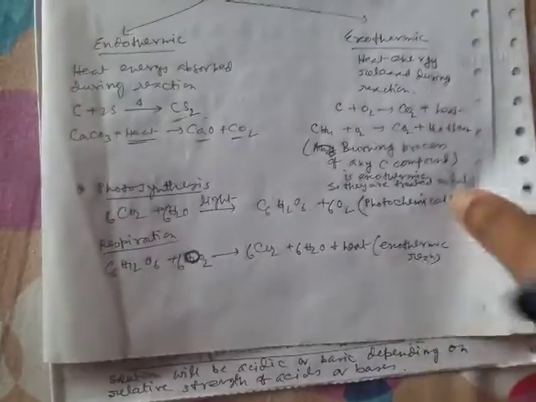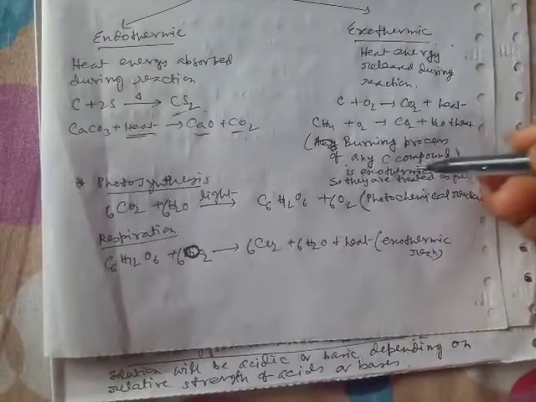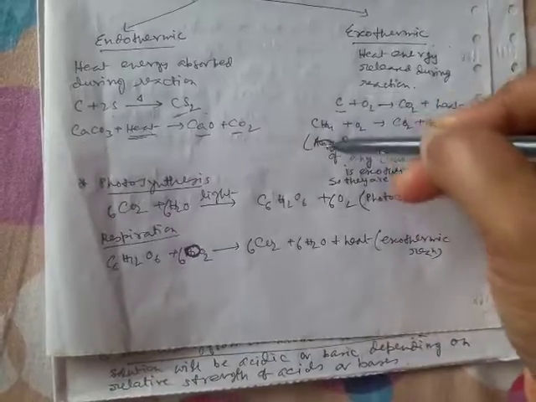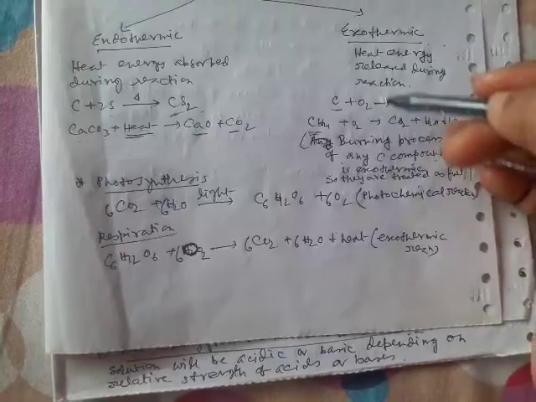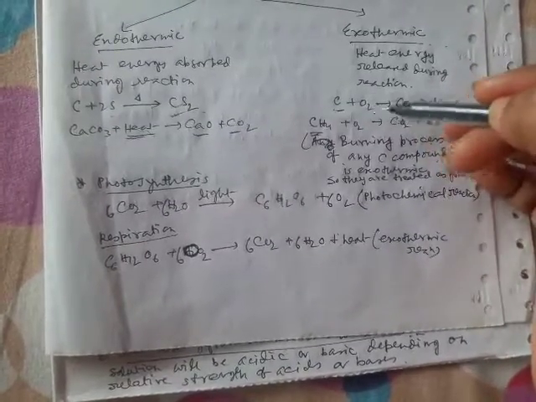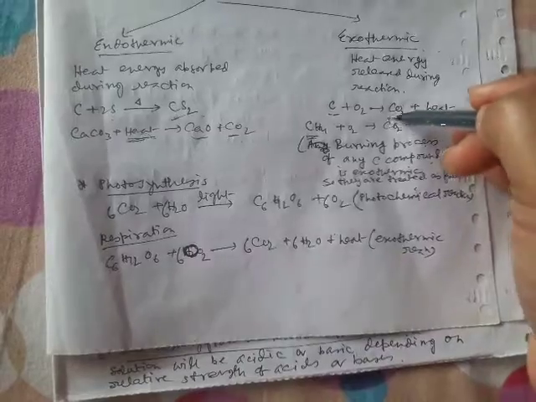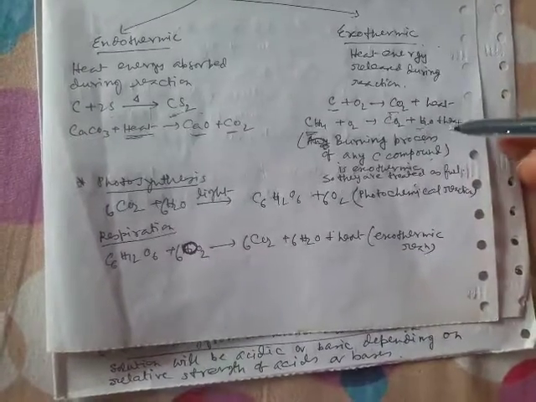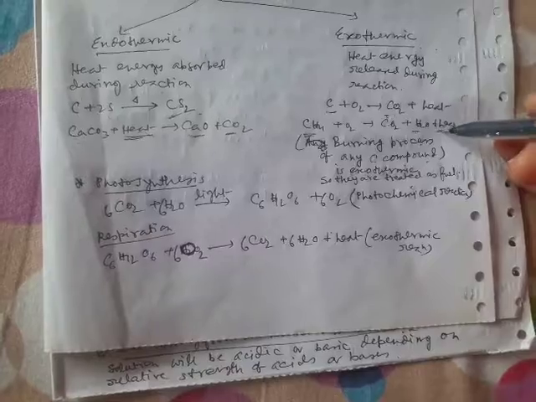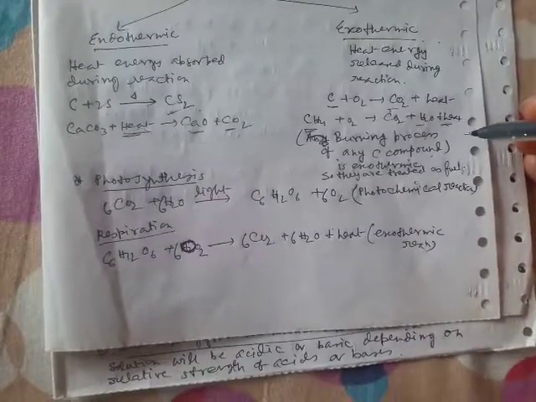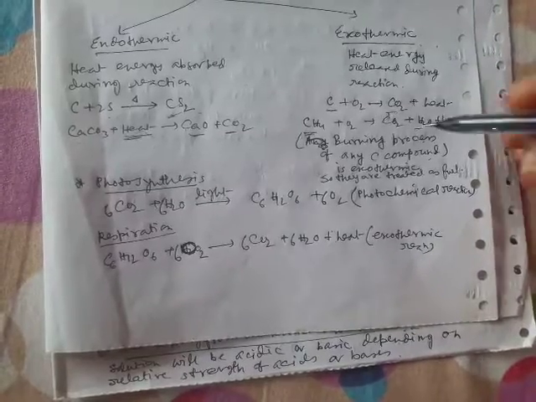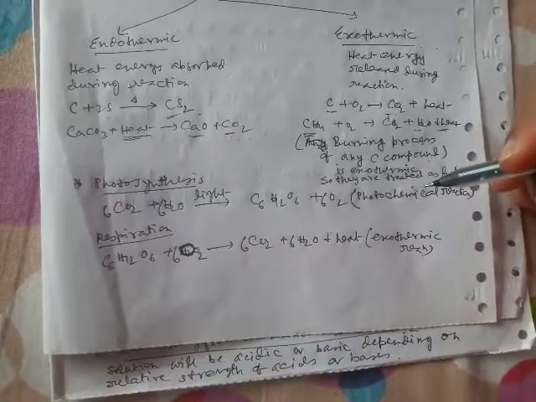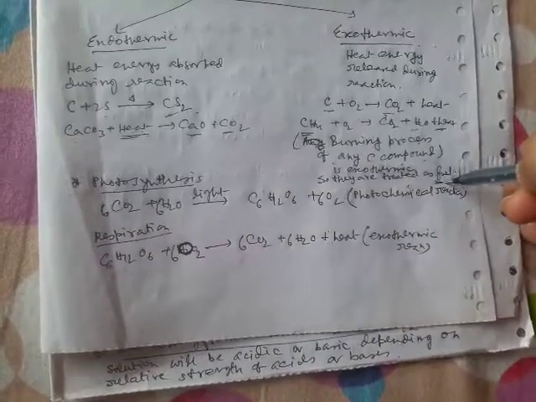And exothermic reactions, that is the burning process of any carbon-containing compound, it may be carbon itself or any compounds containing carbon, methane, ethane, etc. Burning process, that is burning in the presence of excess oxygen to form carbon dioxide and water, and there will be release of a large amount of heat. So as in these reactions a large amount of heat is released, the carbon-containing compounds are called fuel.